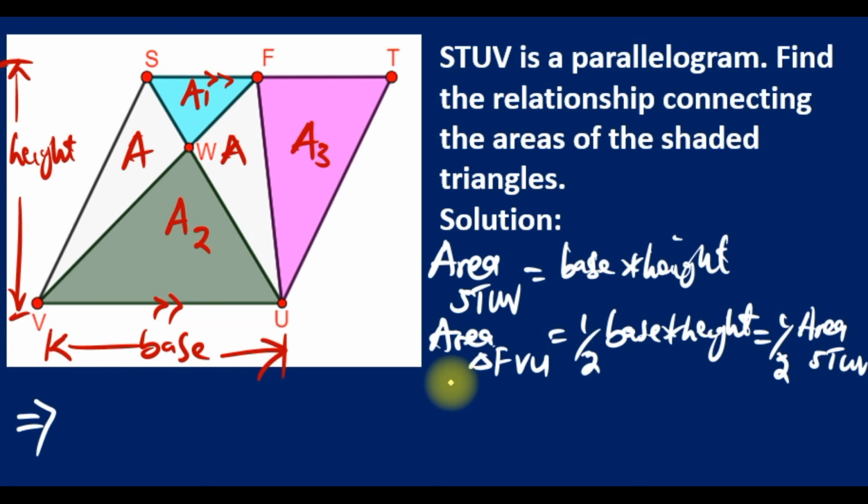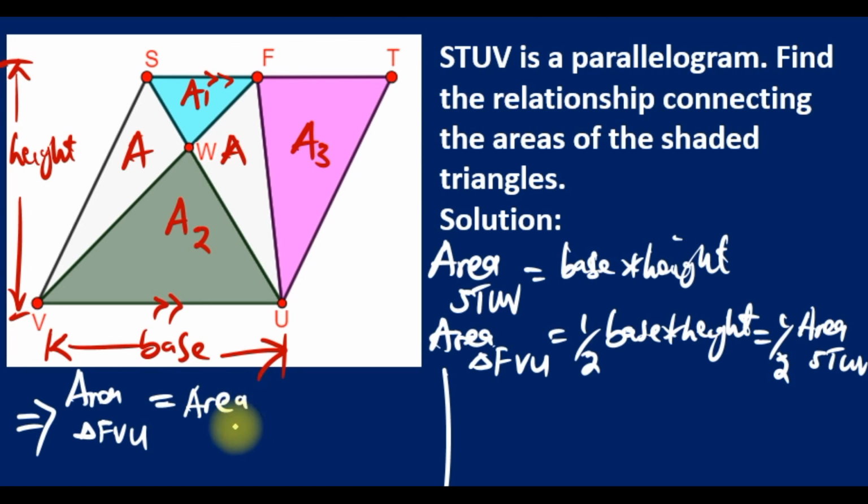Which implies that the area of triangle FVU is the same as the sum of the areas of triangle SFV and triangle FTU. Since both are half, the two are equal.